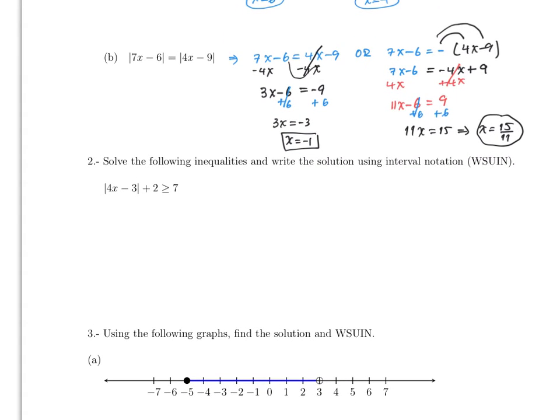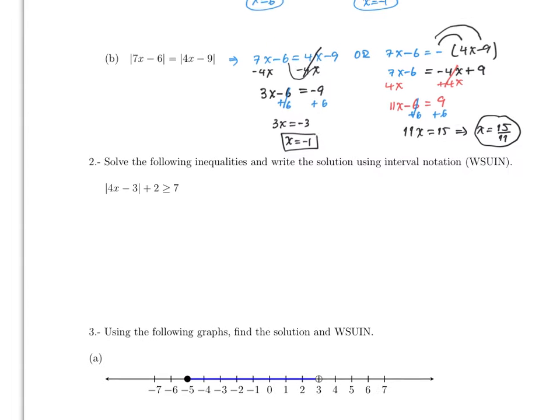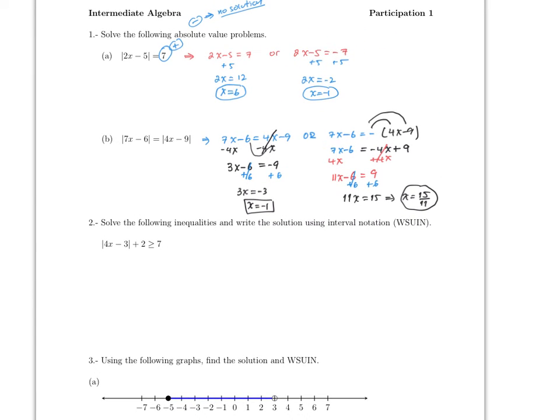And number 2 is the absolute value inequality. Remember, like I mentioned on part A of the first problem, you always have to make sure that the absolute value is by itself, which is not the case here yet, and then that this value is positive once it is by itself.